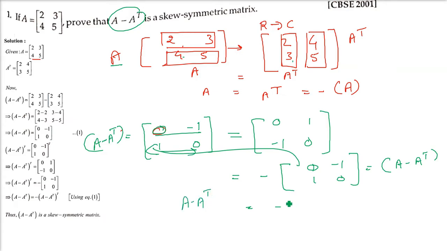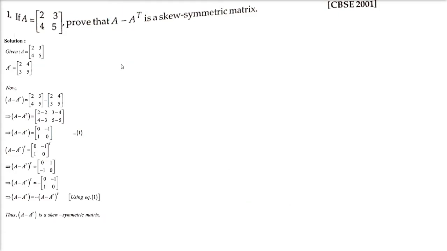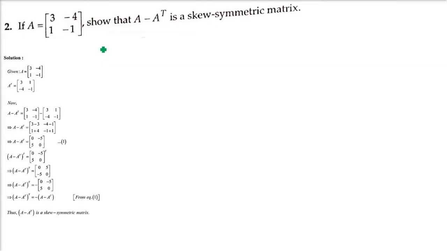That is, if we call it X matrix, X transpose is the negative of X. So this is a skew symmetric matrix. This A is given, and A minus A transpose is a skew symmetric matrix. This we have just seen.